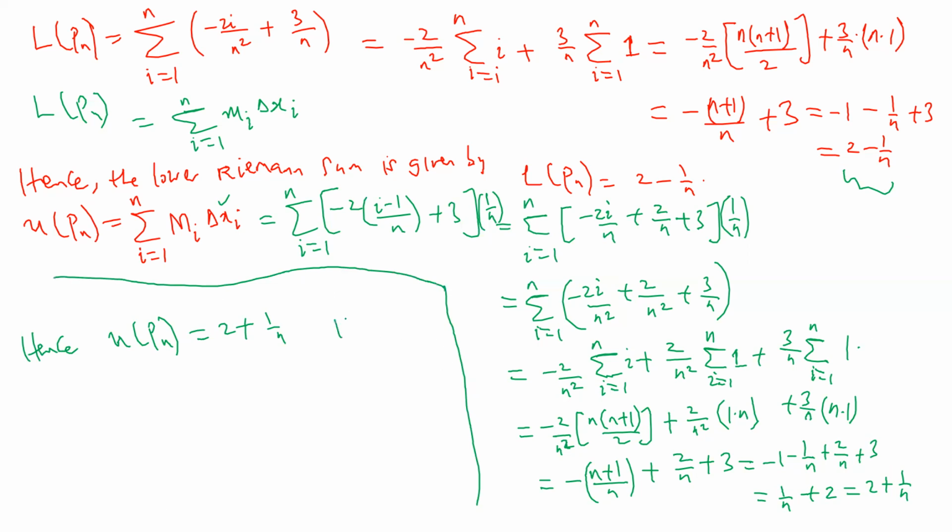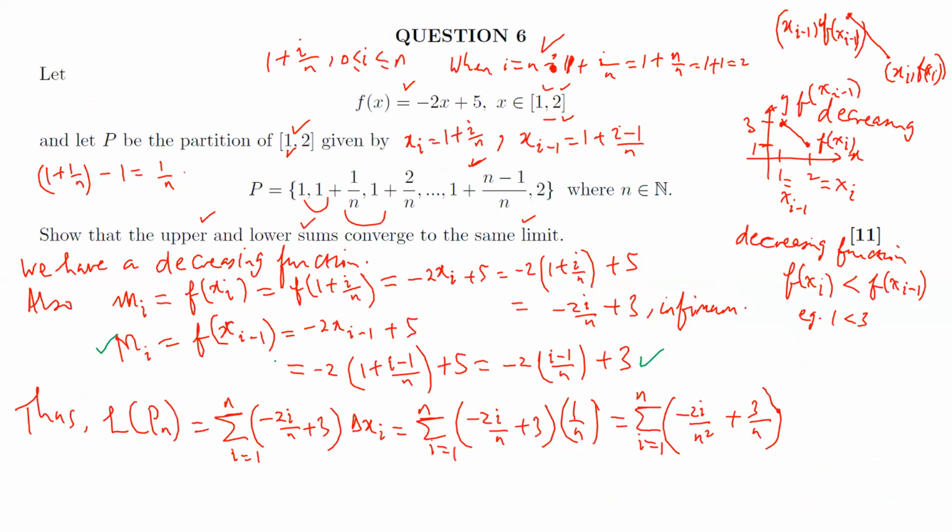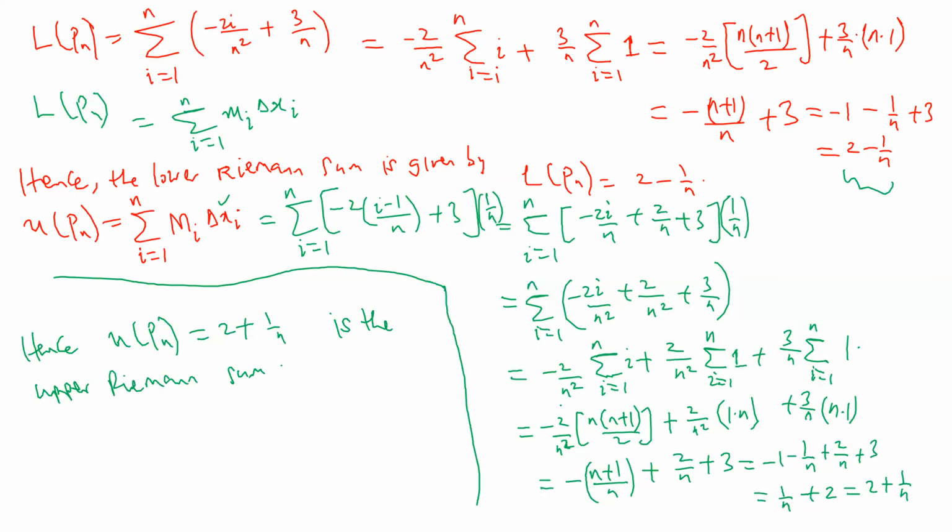Okay, we've already found the upper and the lower Riemann sums. What is it? Show that the upper and lower Riemann sums converge to the same limit. So obviously, if they converge to the same limit, we must just take the limit to prove the convergence. So we'll take the limit on the next slide.